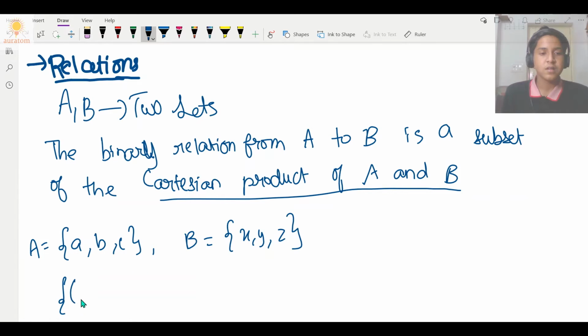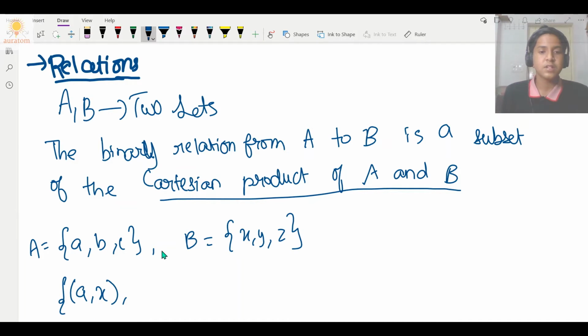It is important to note that the first element is always from A and the second element is always from B when we are defining a relation from A to B. If we are defining a relation from B to A, then it would be inverse, right?